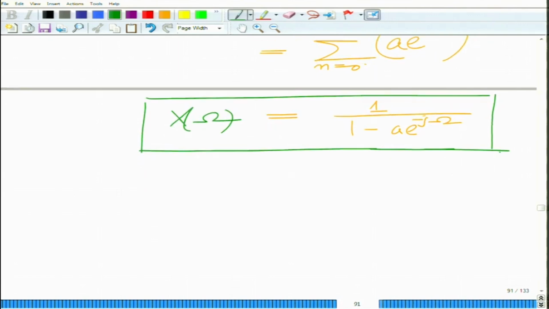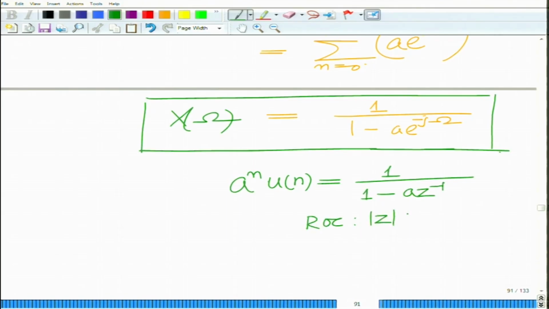And further you can see the Z transform of a to the n u[n] is 1 over 1 minus a z inverse, and the ROC, remember we already derived, is magnitude z greater than magnitude a.